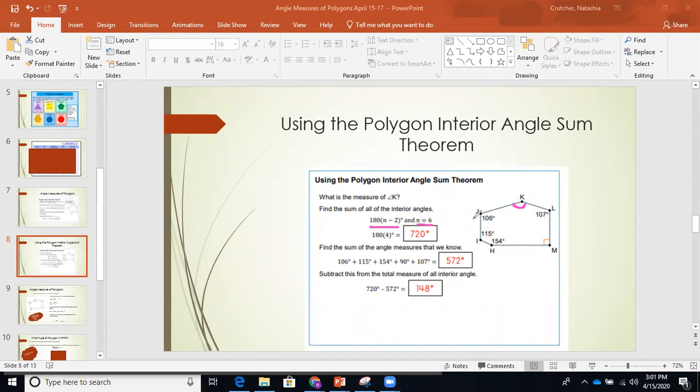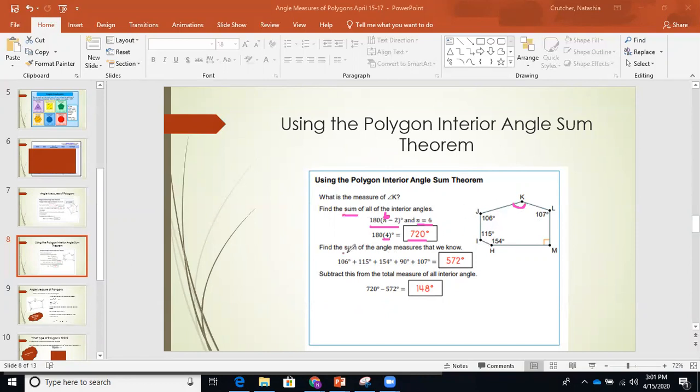If we insert 6, 6 minus 2 is 4, and 180 times 4 gives us 720. That's our first step, finding the sum of the interior angles.